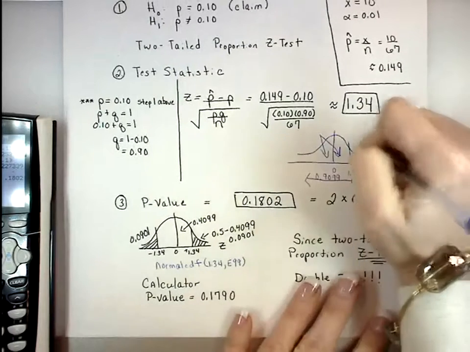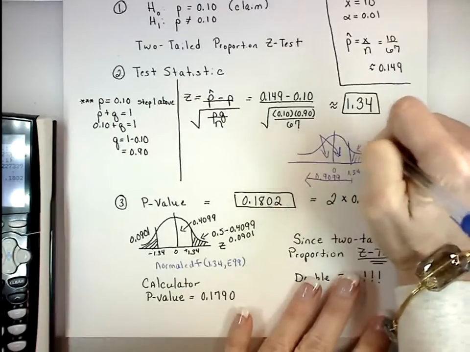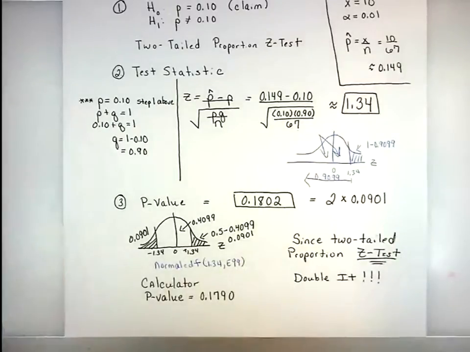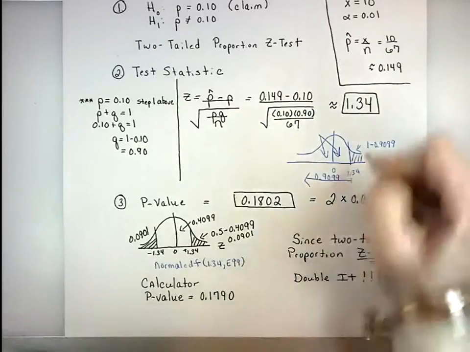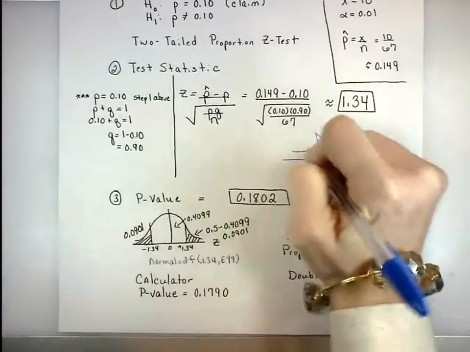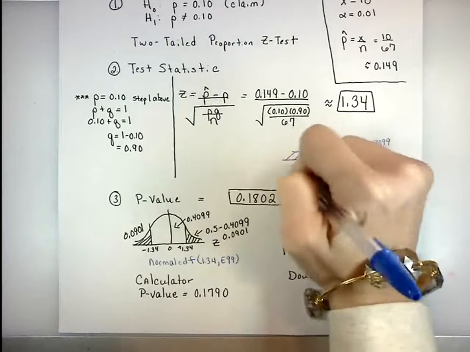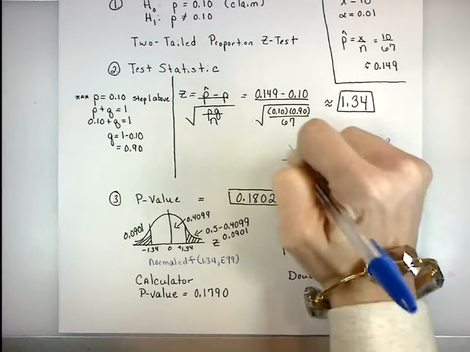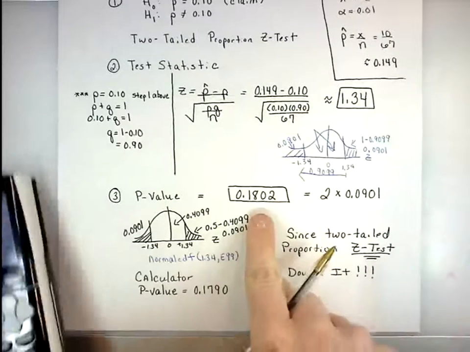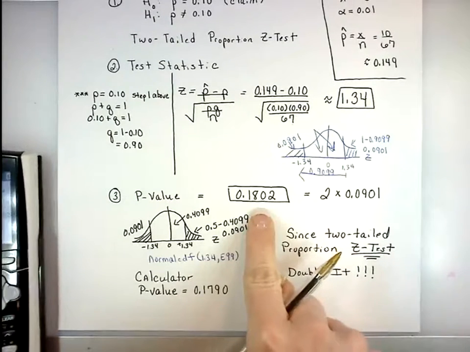Therefore, the area above it is 1 minus 0.9099, and that should give you 0.0901 in the right tail, and then by symmetry, negative 1.34 is also 0.0901. And when you add the two together, there's your p-value by hand.